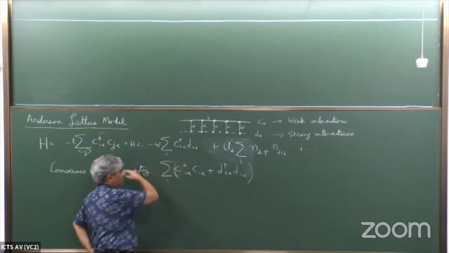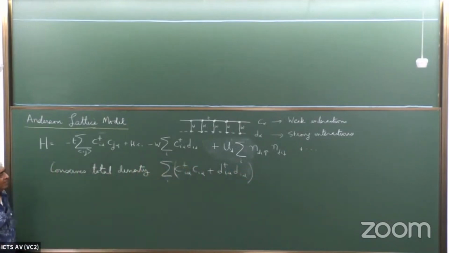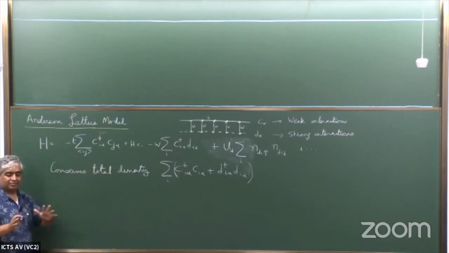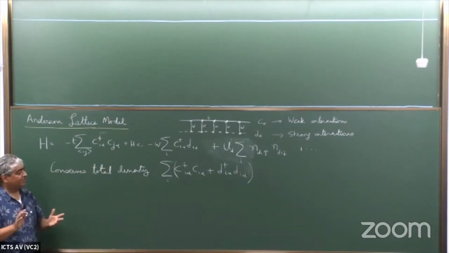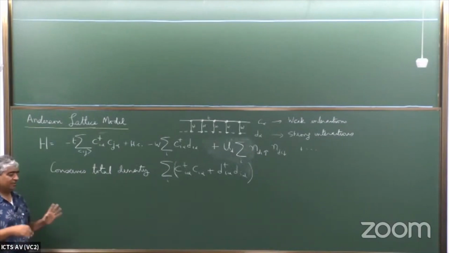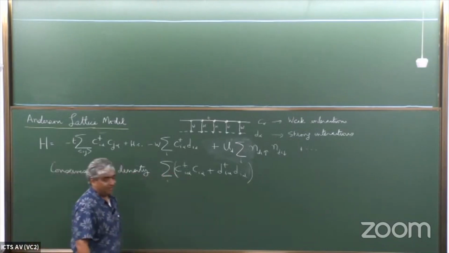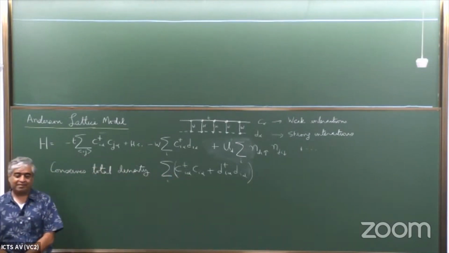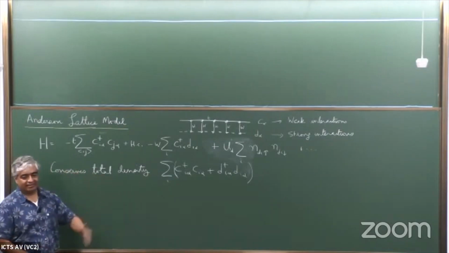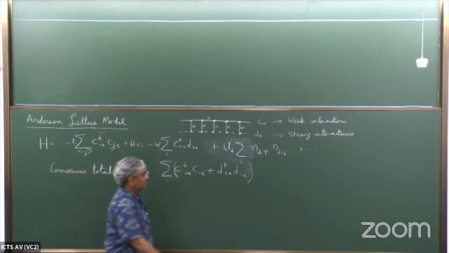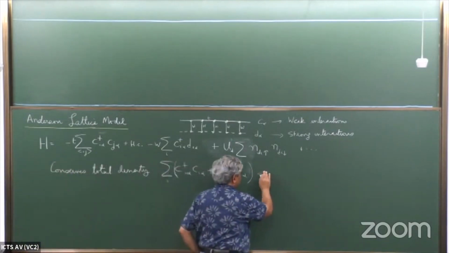This is the only operator that commutes with this Hamiltonian. There's also the spin density, but I'm only going to talk about phases where the spin is not polarized. So the spin will just give a factor of 2 for most of the discussion. So that's the total conserved density. And as we discussed last time, it's these conserved densities that lead to the Luttinger relation.